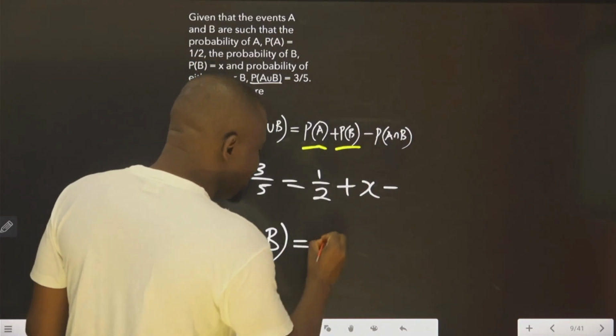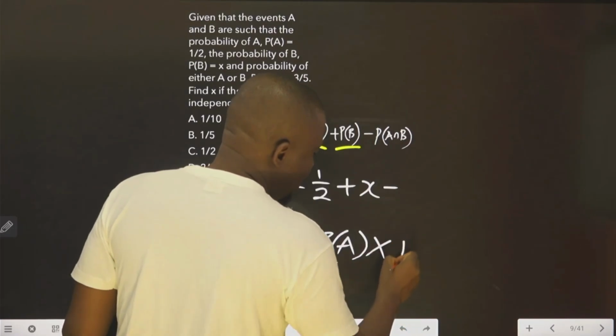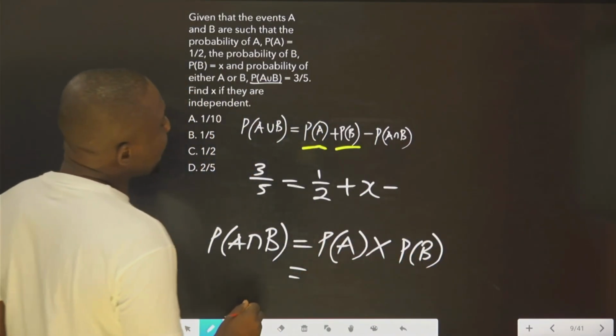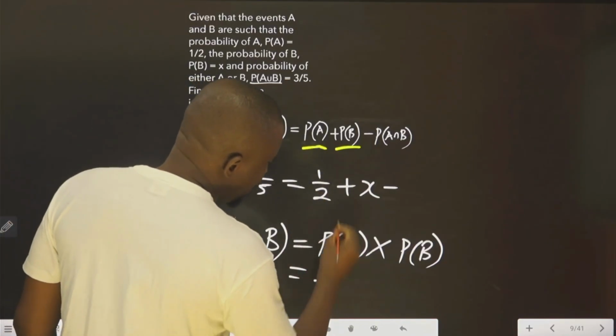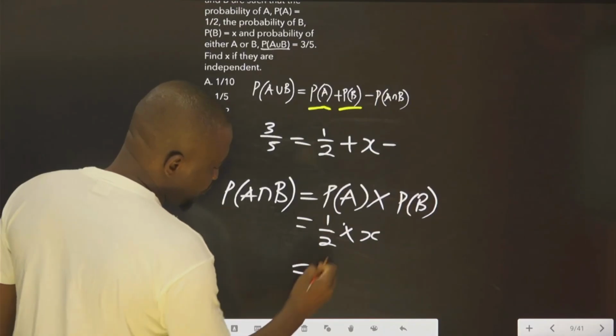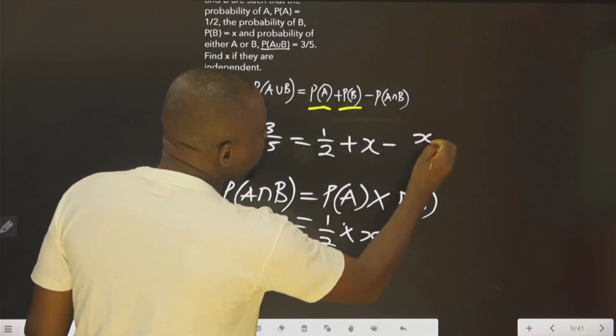So this is P, that is the probability of A multiplied by the probability of B. That is this one. The probability of A is 1 over 2, that of B is x. You solve this now, it's x over 2. It means we're going to put x over 2 here.